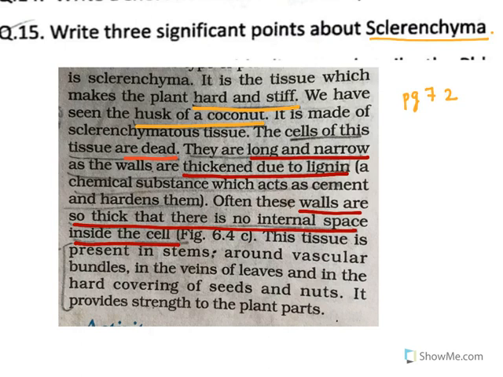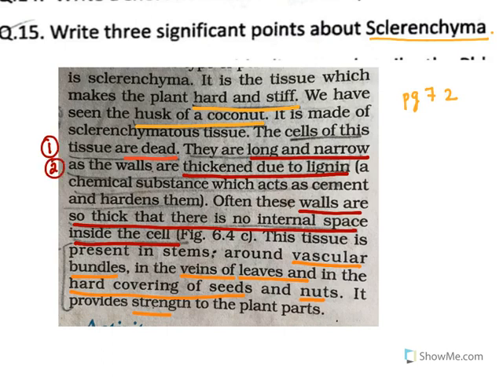And where do we find these tissues? These tissues are found in the vascular bundle, in the veins of the leaves, in the hard covering of the seeds and nuts. They provide strength to the plant. So you've got so many points here to write. I think the important points would be, one is that they are dead tissues.